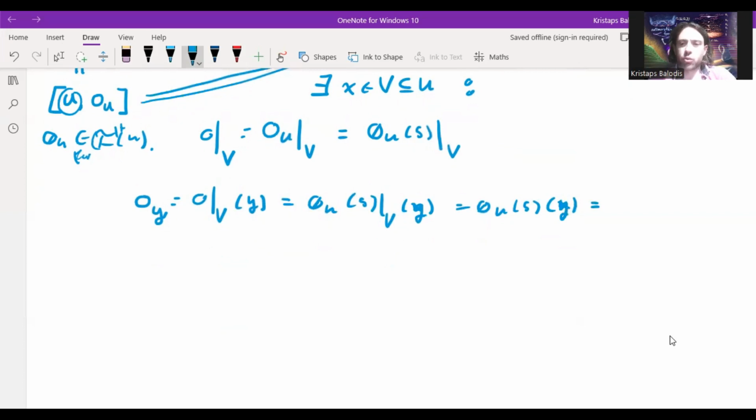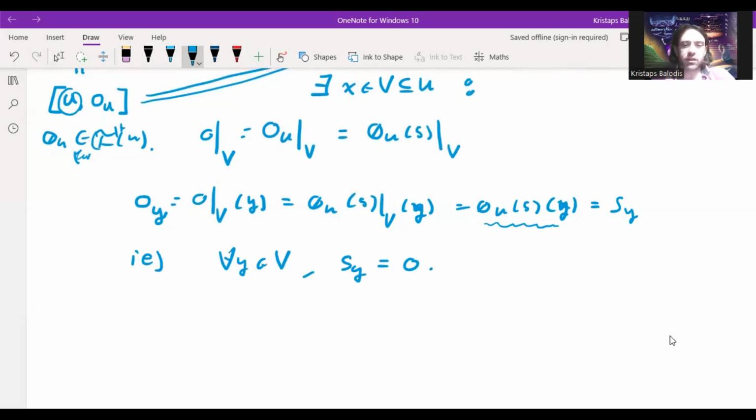And so what does that say? That says, I mean, remember, by definition, this was supposed to just return the germ of S at Y. So what does that mean? In other words, we know that for all Y in V, the germ is 0, right?